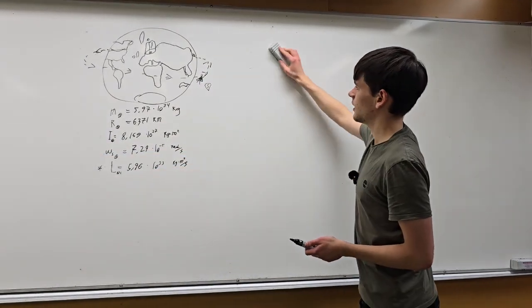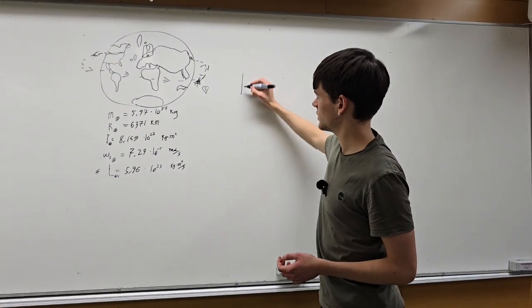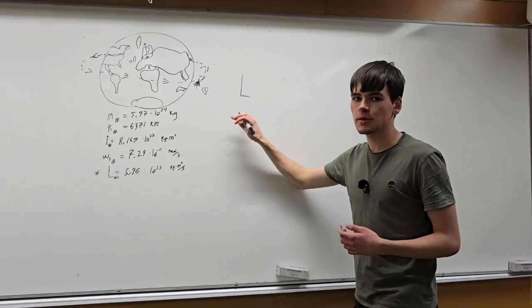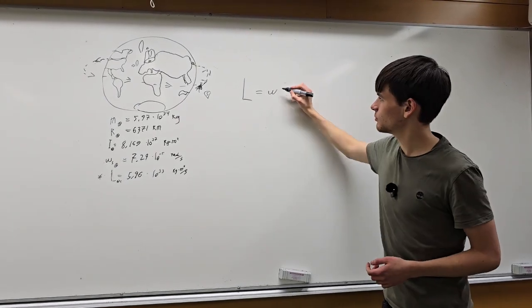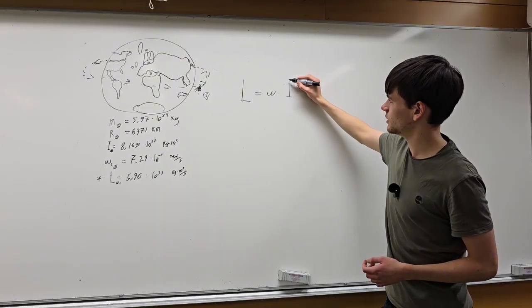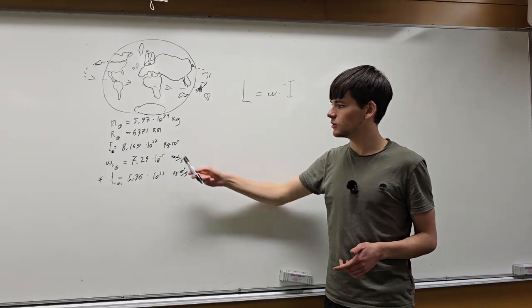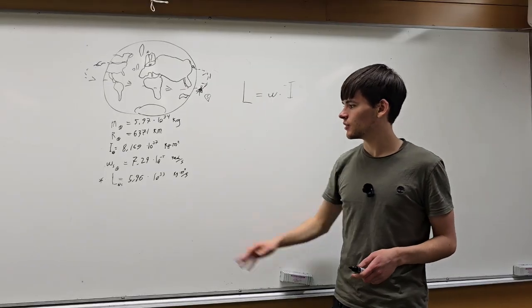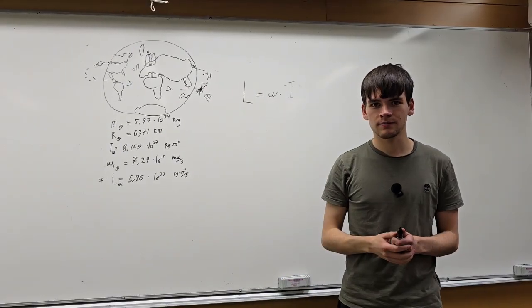So finally, how do we figure out the angular momentum of the Earth? And there's a simple formula for that. The angular momentum is equal to the angular velocity multiplied by the moment of inertia. And using these two constants and this formula, we get this value for the angular momentum of the Earth.